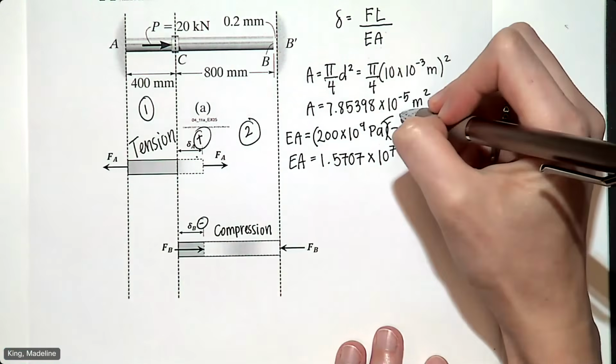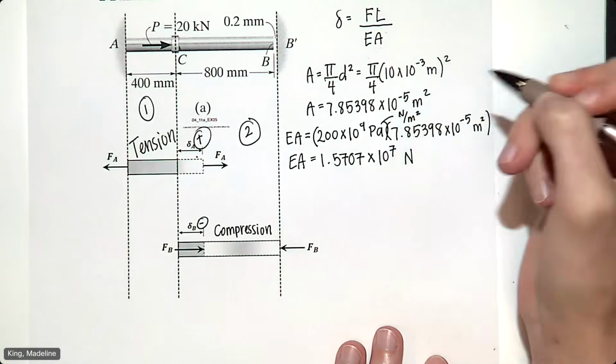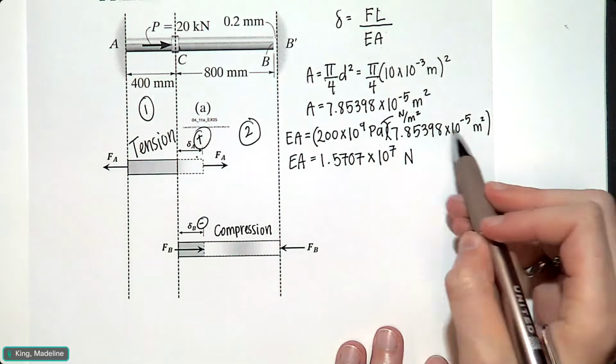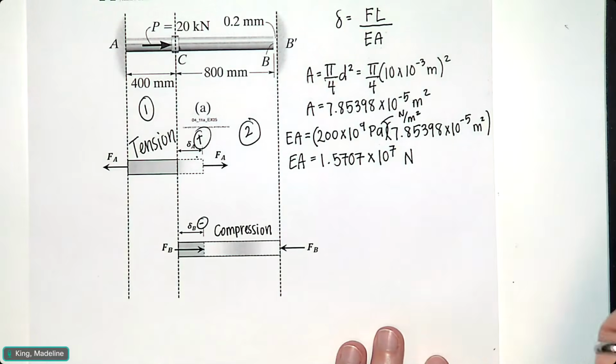Remember, pascals is newtons per meter squared, so our meter squared would cancel, and we'd be left with the newtons.